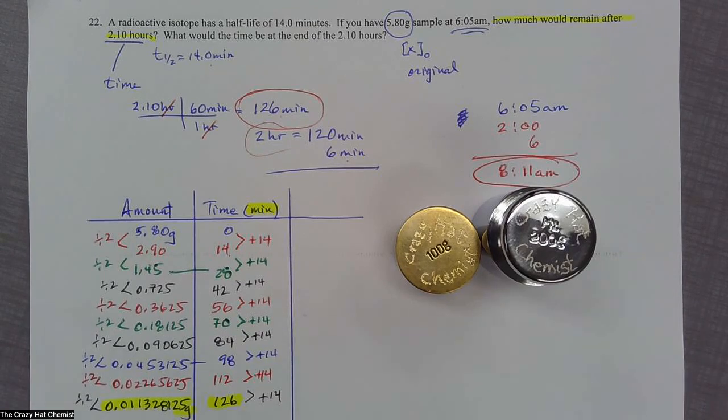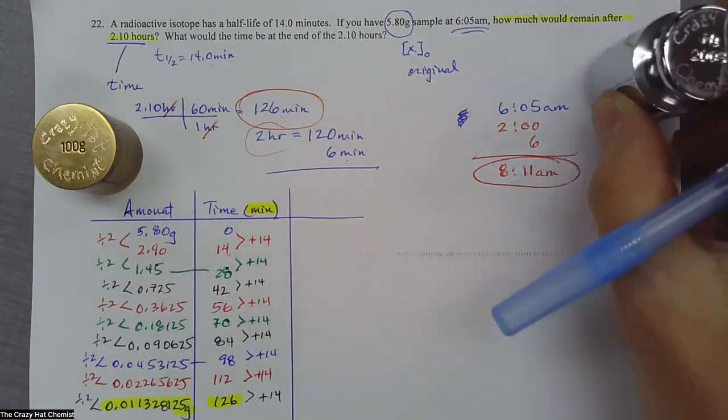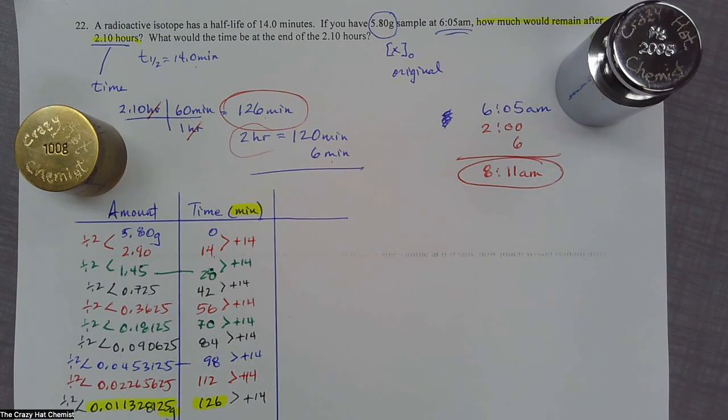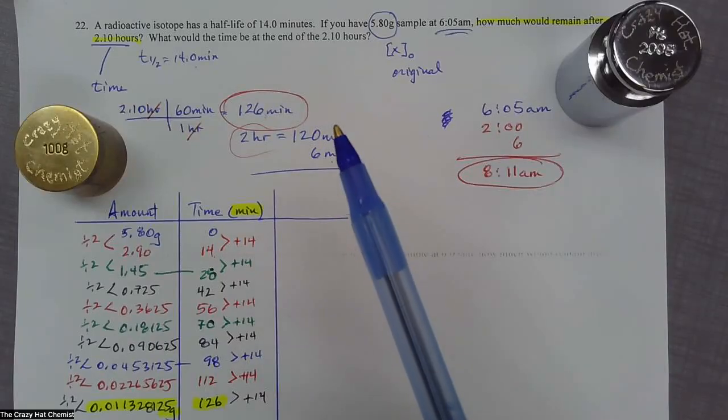But let's see if we can do this in another way that is actually easier. In my opinion, I always go for the easier route that is mathematically sound. And so we are going to attempt to do that right now. All right. And that would be that we already determined that the total time is 126 minutes.